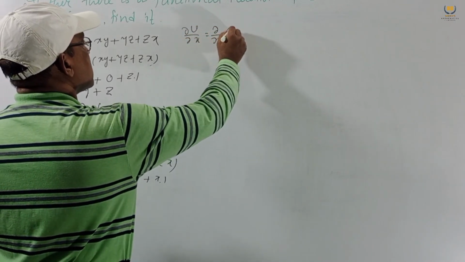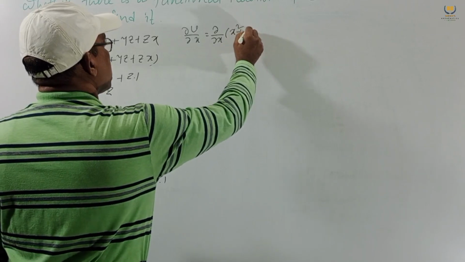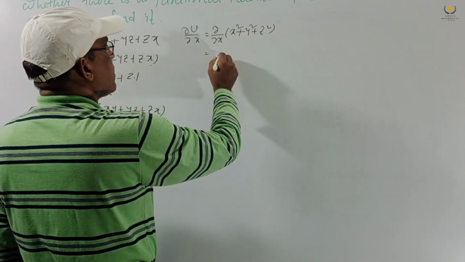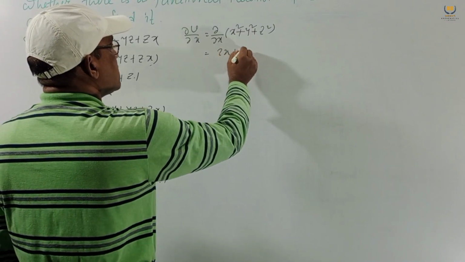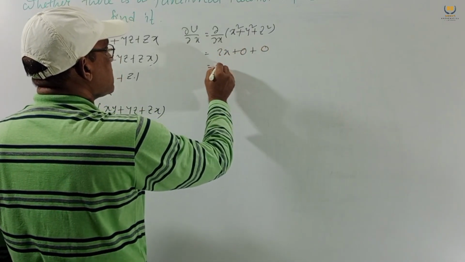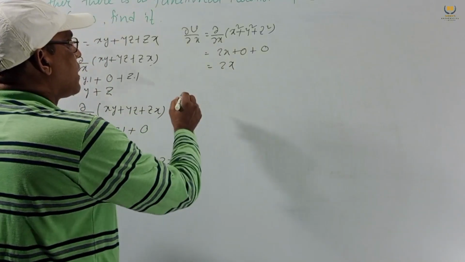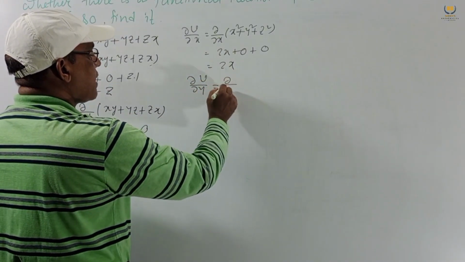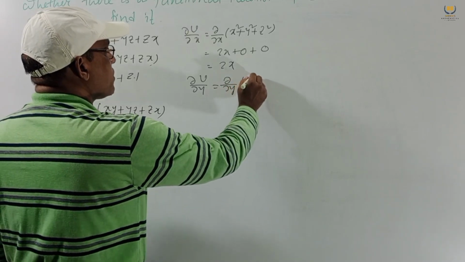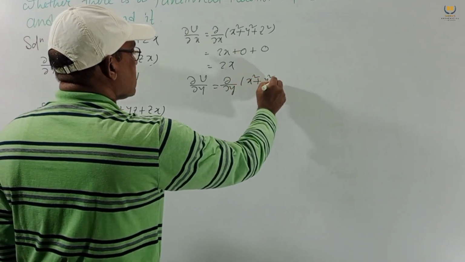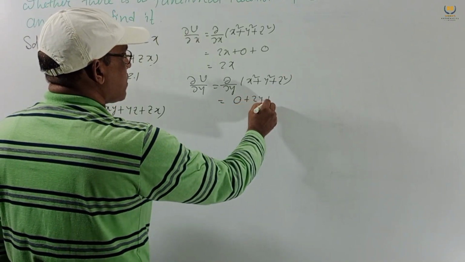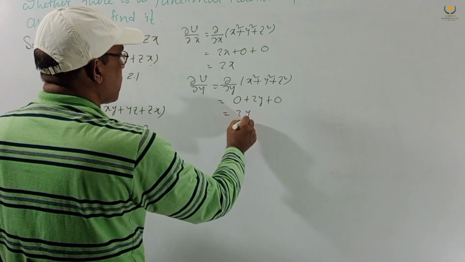Del v del x: this is del/del x of x square plus y square plus z square, which will be twice x plus 0 plus 0, so this is twice x. Del v del y: del/del y of x square plus y square plus z square is 0 plus twice y plus 0, so this is twice y.